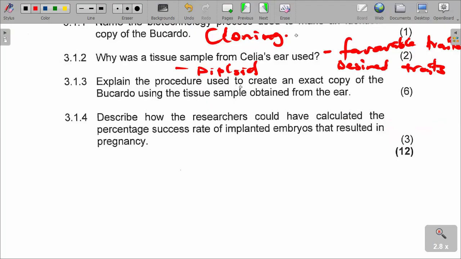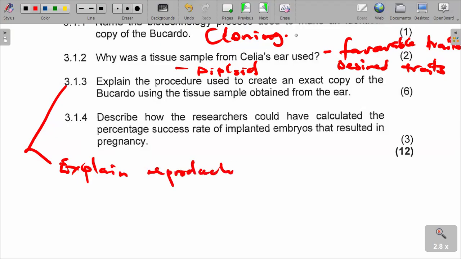Explain the procedure used to create an exact copy of the Pyrenean ibex using the tissue sample obtained from the ear. This question wants you to explain reproductive cloning.